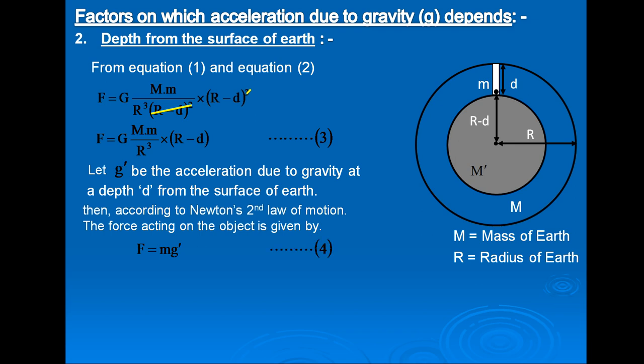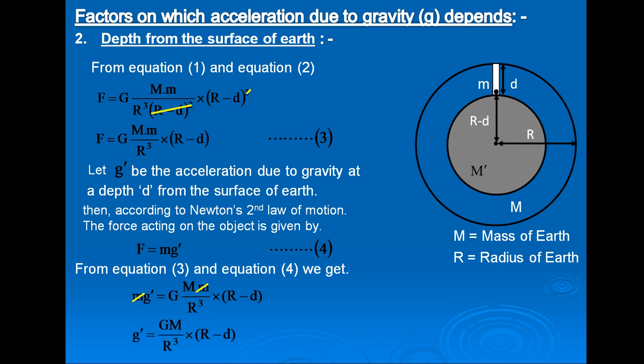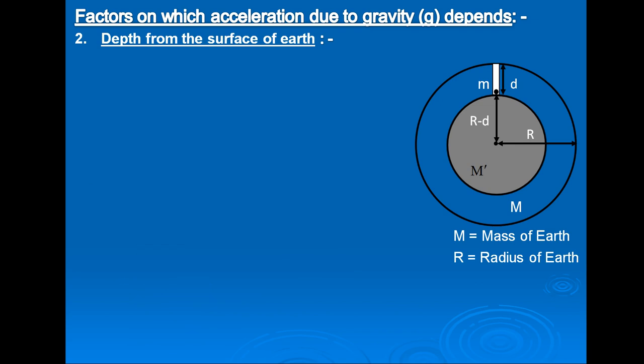Put this equation number 4. From equation 3 and equation 4, we get m g dash is equal to G M m upon R cube into (R minus d). Now small m cancels. Therefore, we get g dash is equal to G M upon R cube into (R minus d).